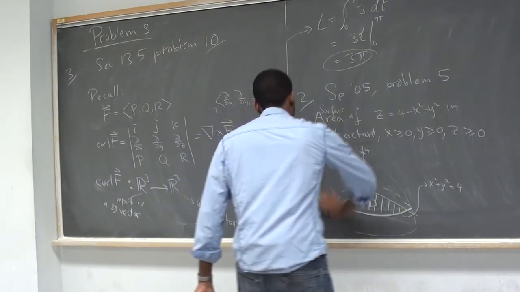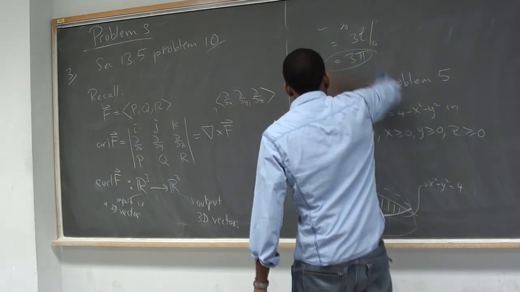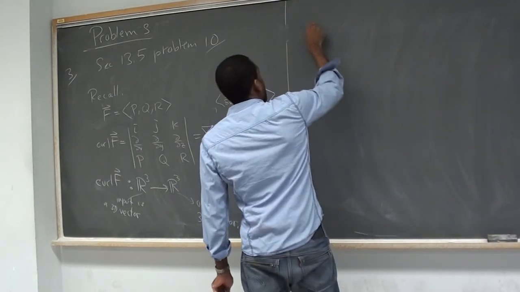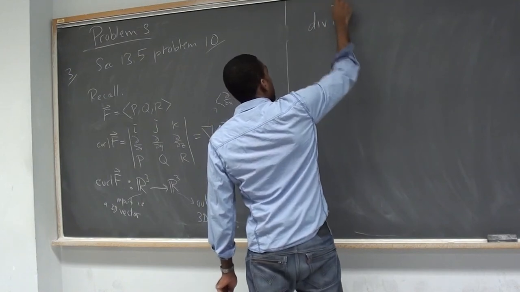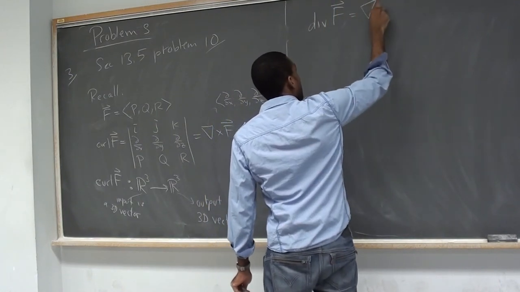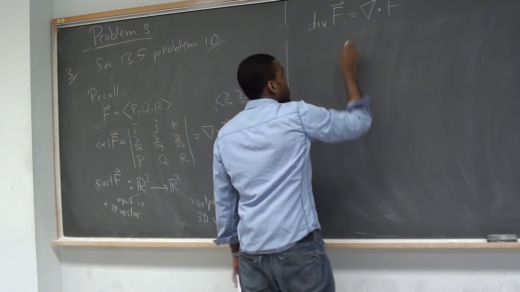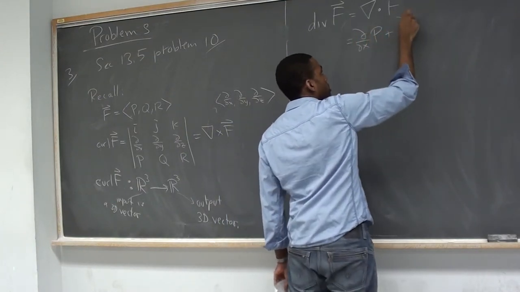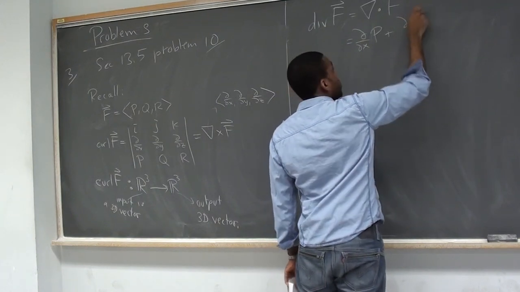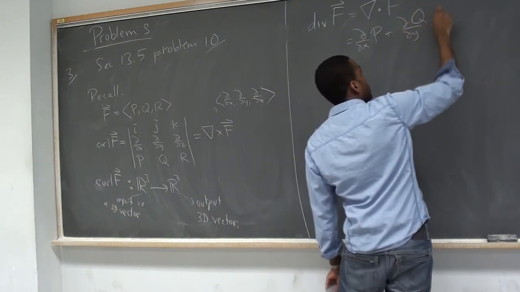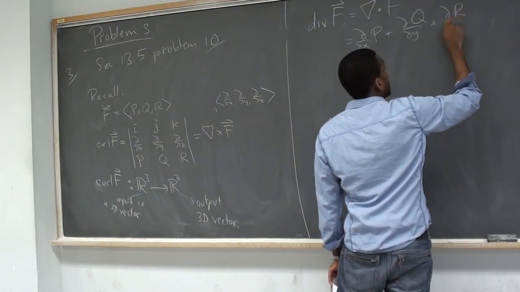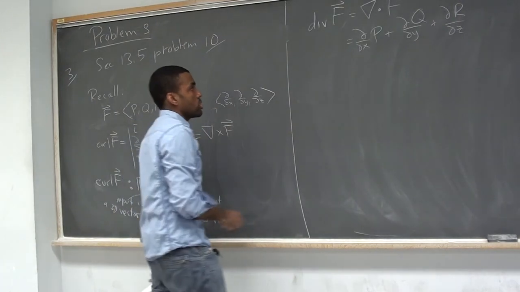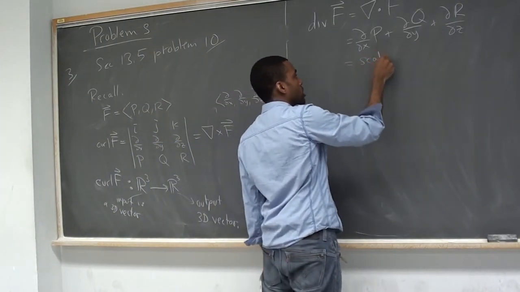And we moved on to the divergence, where we say the divergence of a vector field f is equal to del dot product of this guy, which ends up being just the partial with respect to x of the first component plus the partial with respect to y of the second component plus the partial with respect to z of the third. So this is a scalar.